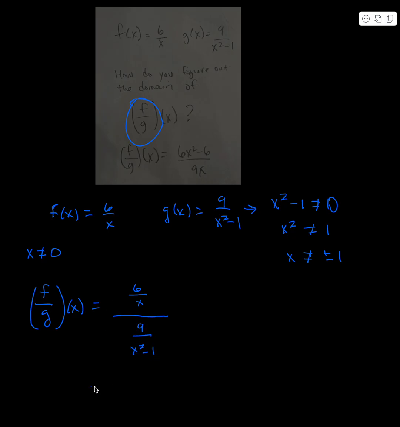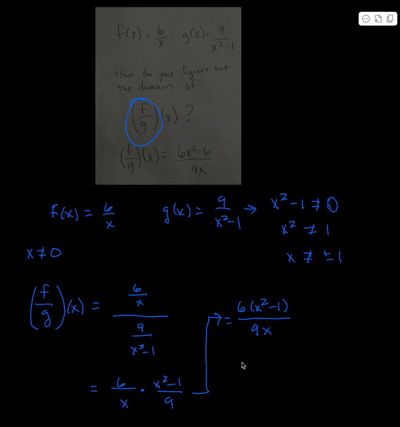And we multiply by the reciprocal, so that's 6 over x times x squared minus 1 all over 9. Okay, let me keep it up here. And so we have 6 times x squared minus 1 over 9x.